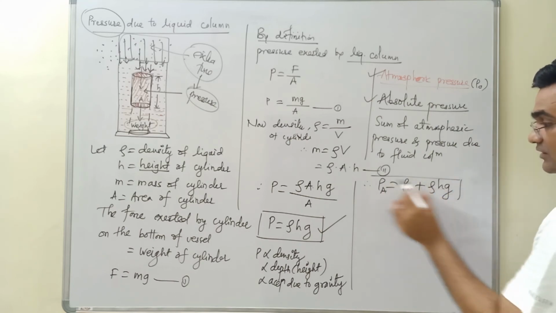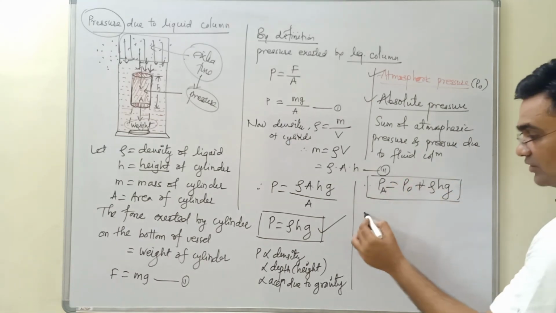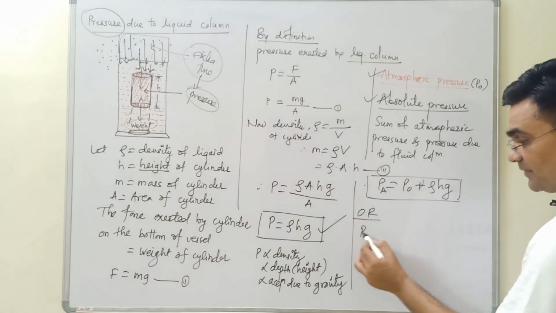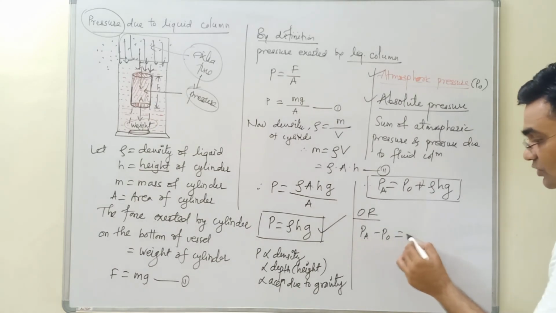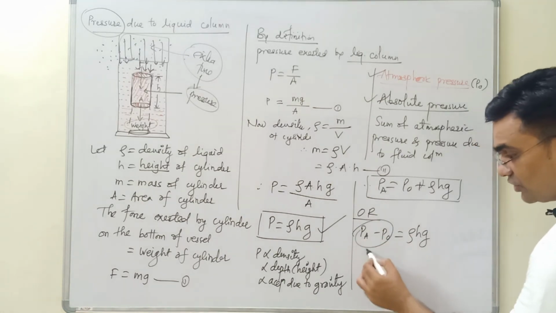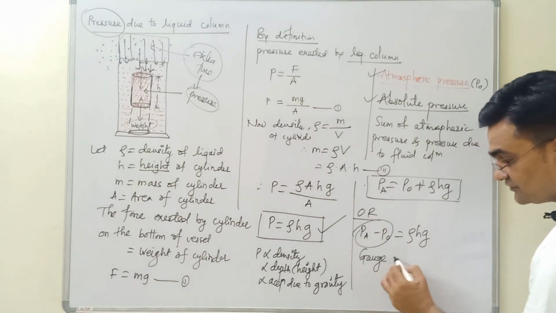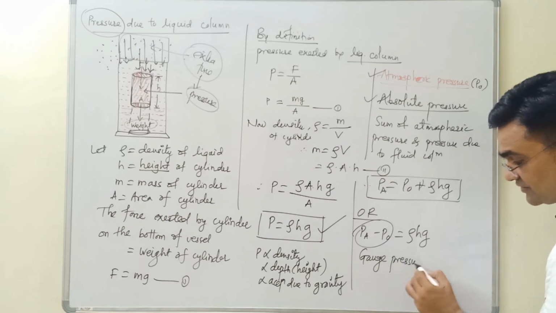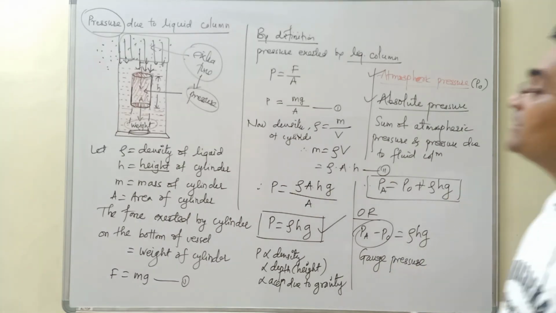Okay. The difference between these two, P_A minus P naught, is equal to rho hg. This difference is called gauge pressure. I hope you understood this.